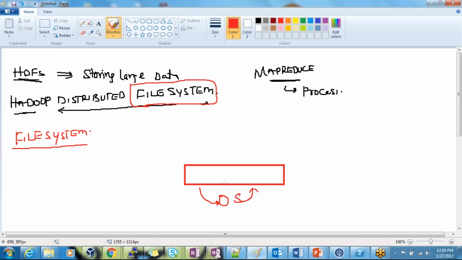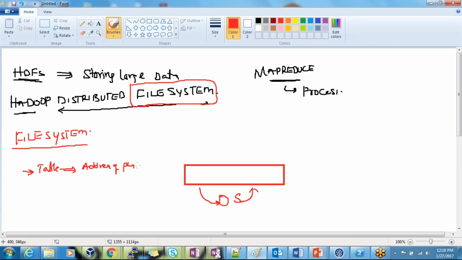You can think of the file system as maintaining a table that contains the address of the physical storage in the hard disk or storage device. You can say it's a database that maintains your file system locations, meaning where the actual data is stored.